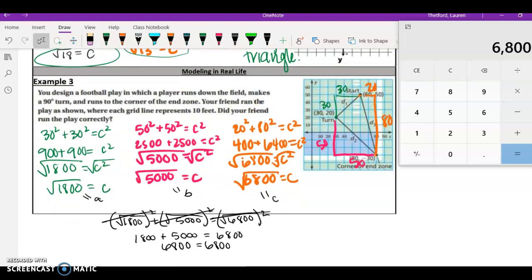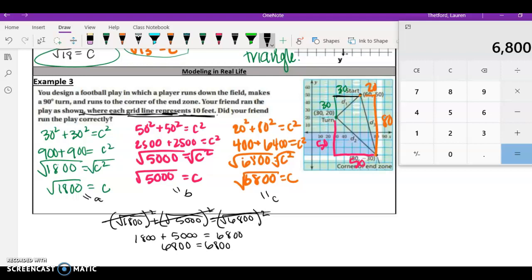Once I found my c values of each of them, which by the way, it said in here that each grid mark represented 2 feet. So even though I only met 3 grid lines here, it's actually 30 because you have to multiply it by 10. That was also something a little bit different.